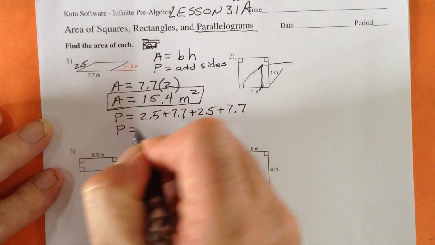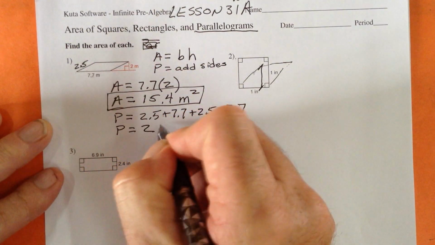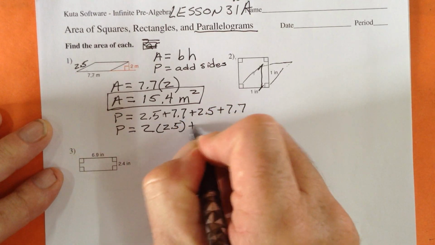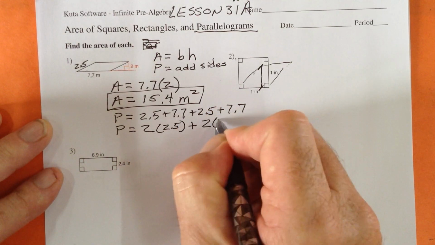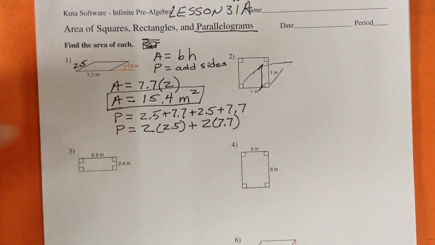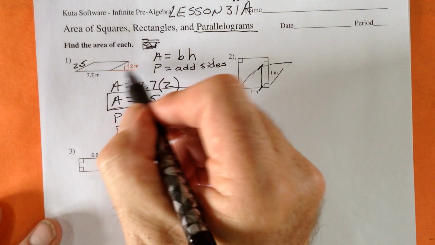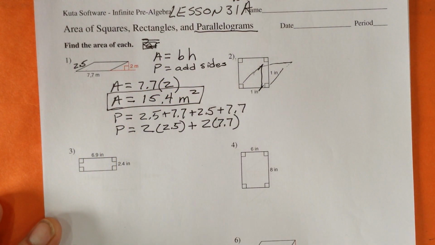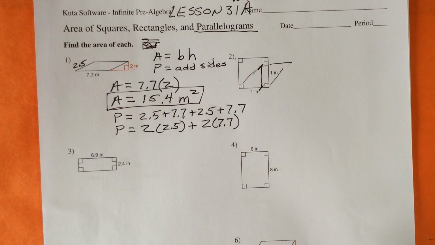Or you could do it where you have two of the 2.5s and two of the 7.7s. So you go 2 times 2.5 plus 2 times 7.7. You could do it either way.